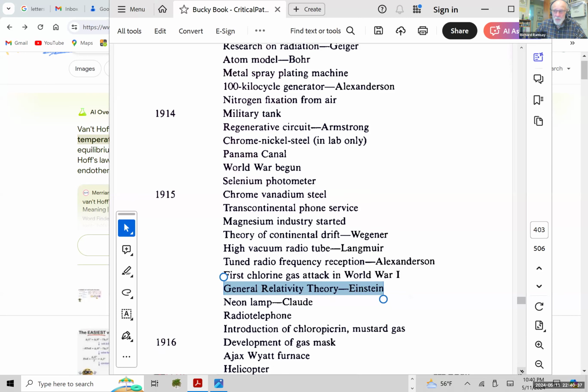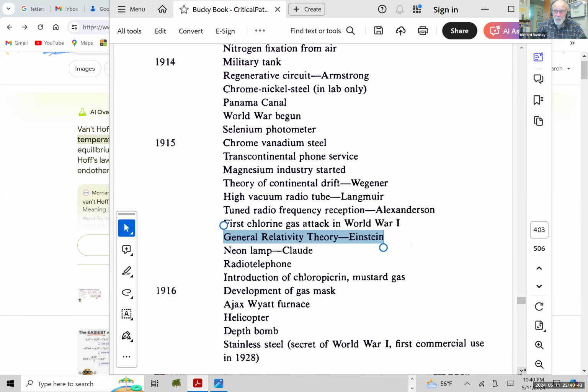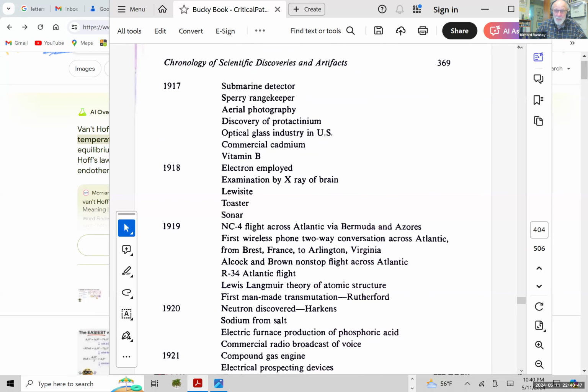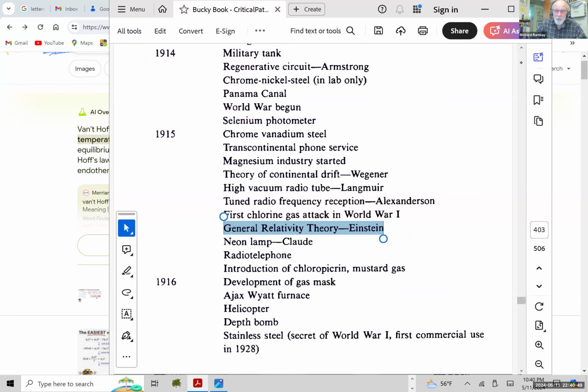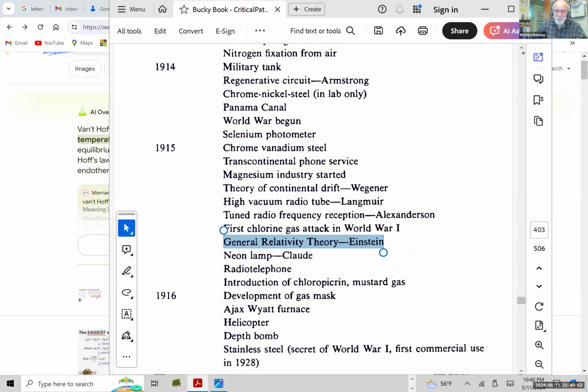Or we can just do some more, like connecting to ourselves. For example, I can say my father was born in 1904. This is 1915, so he's only 9 years old. So what is he going to know about theories of relativity?